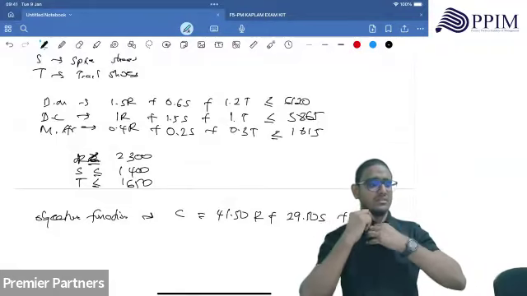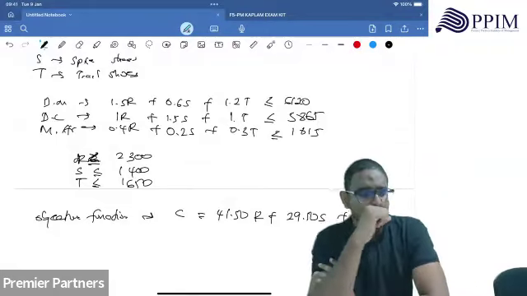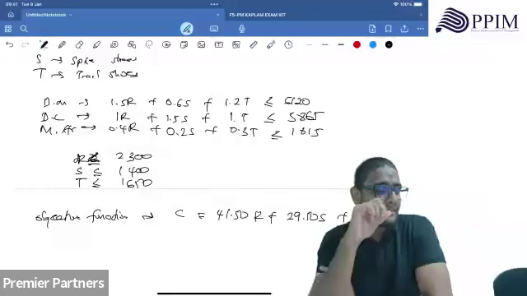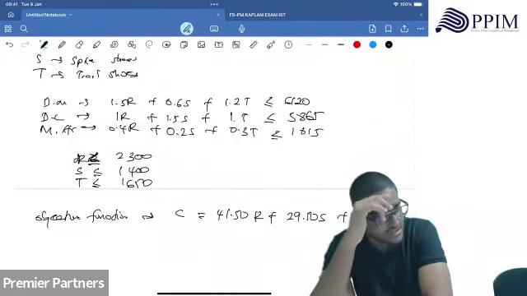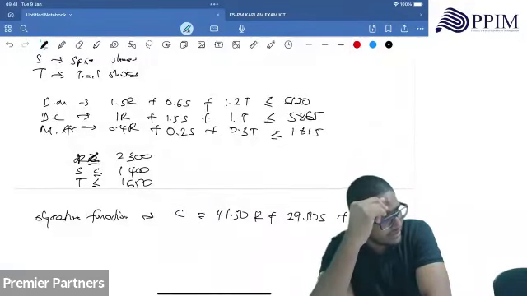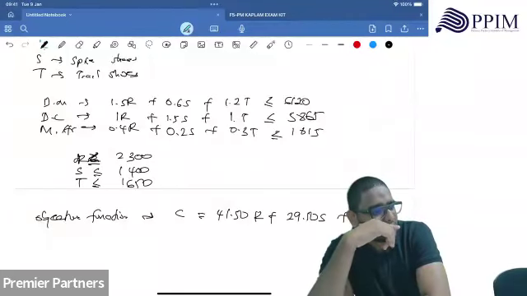The objective function, sir, because the contribution will change, right? Yeah, contribution will change, and not only that, but your demand also will change.